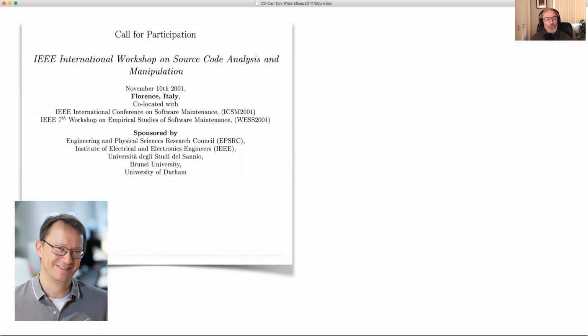And so out of the blue one day, I got an invitation to a brand new workshop on source code analysis and manipulation. And I looked at that and I said, aha, this is the conference for TXL. They've invented the TXL conference. That's Mark Harman down in the corner, who at the time was at Brunel University, and is now at Facebook, actually.